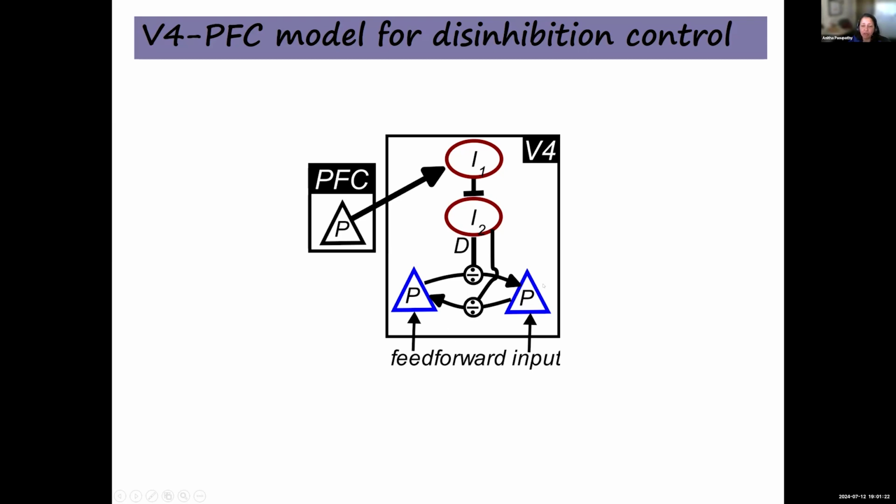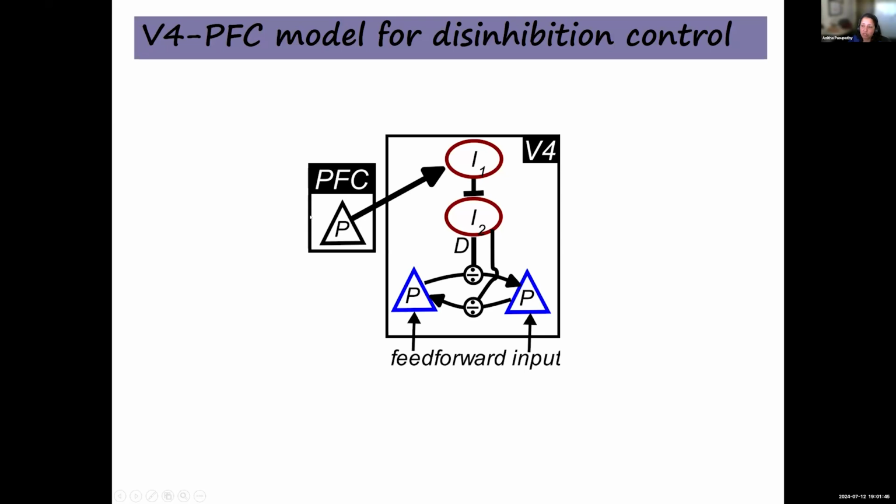And here we're thinking about how such a circuit might make the system work, alter the weights of the system such that it operates more in a recurrent mode or a feed forward mode. So to unpack that a little bit, if your prefrontal cortex activity is low, then V4 neurons may be in more of a feed forward mode.